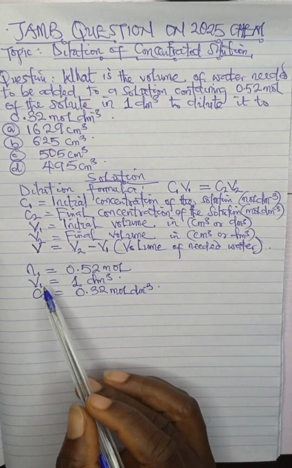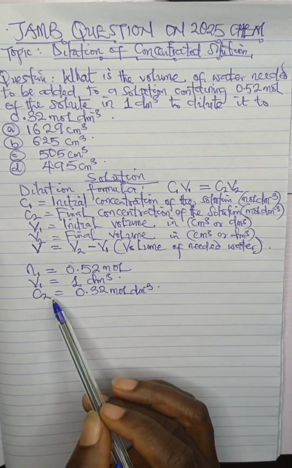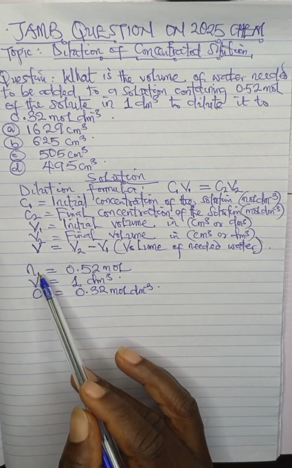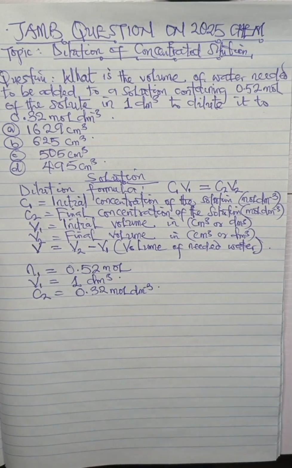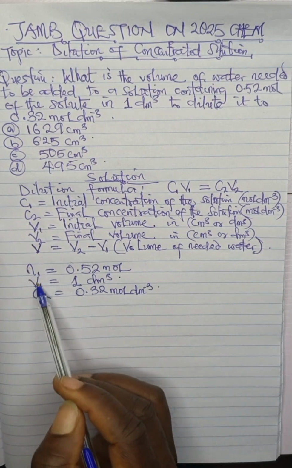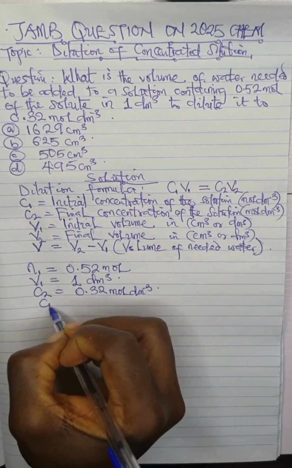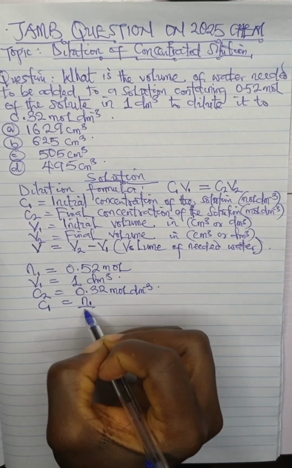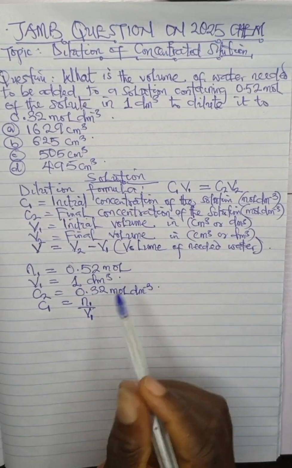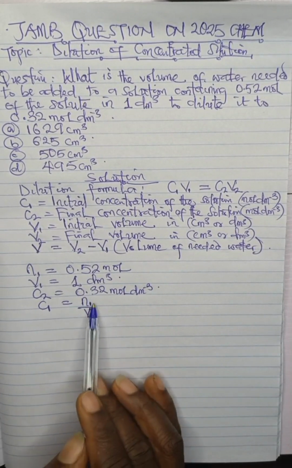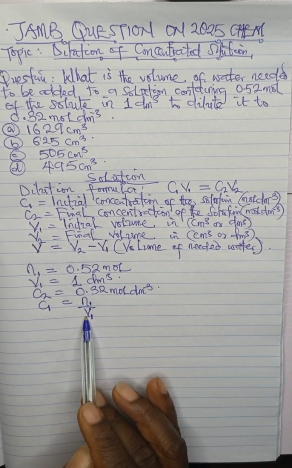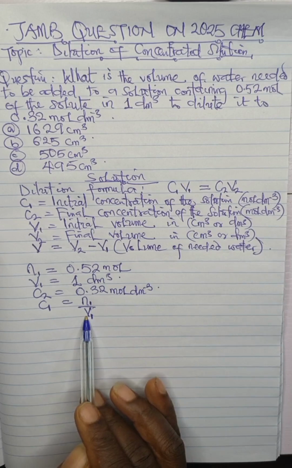Now, we don't have V2 here, hence, to get V2, we need to get every other parameter from the given parameters. We have Na1 and V1, so we can get the initial concentration, which is Na1 over V1, because concentration is the amount of a substance contained in 1 dm cube of a solution.